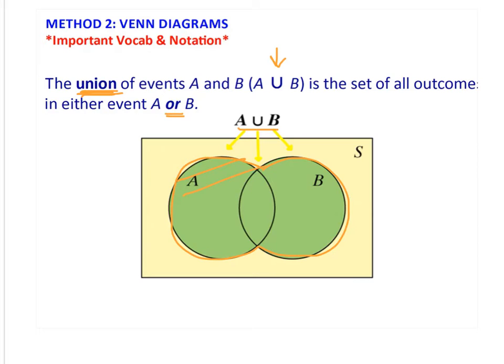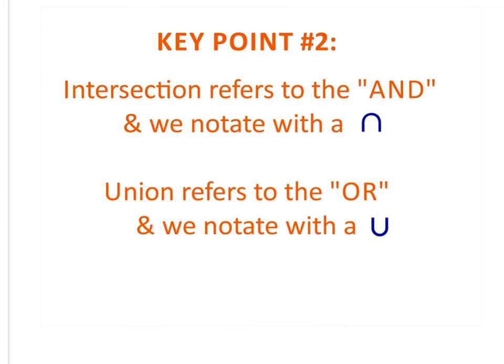So all of this would be in the union, whereas in the and, that was only the overlap. So key point number 2, the intersection refers to the and we notate with the little n. Union is the or, and it gets a little u.